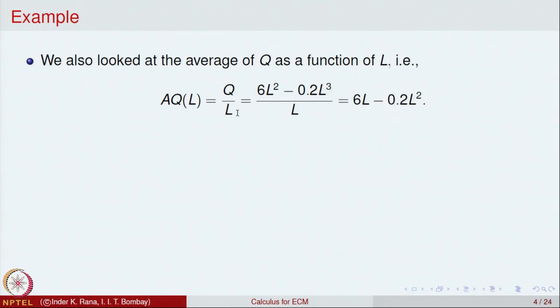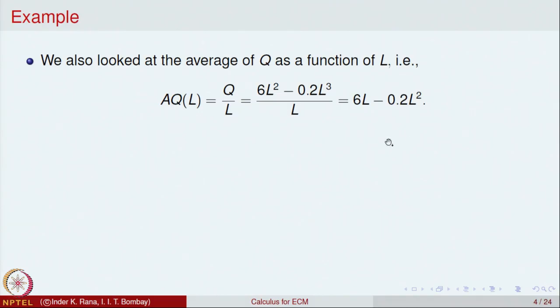The average product as a function of L is the total production divided by L. Q divided by L comes out to be 6 L minus 0.2 L square. Note this is a quadratic, the power is 2.